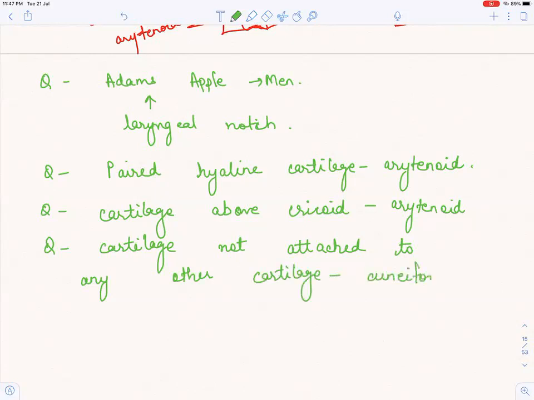Before I finish the question, the answer should be in your mind. What is the trap door in the larynx? Epiglottis.